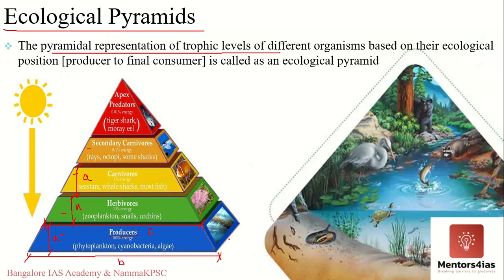Only from there can you move on to primary consumers, secondary, and finally tertiary consumers. In any food chain, as of today, humans will usually occupy the tertiary or the secondary level, so humans will always be at the topmost or second topmost level in any ecological pyramid.